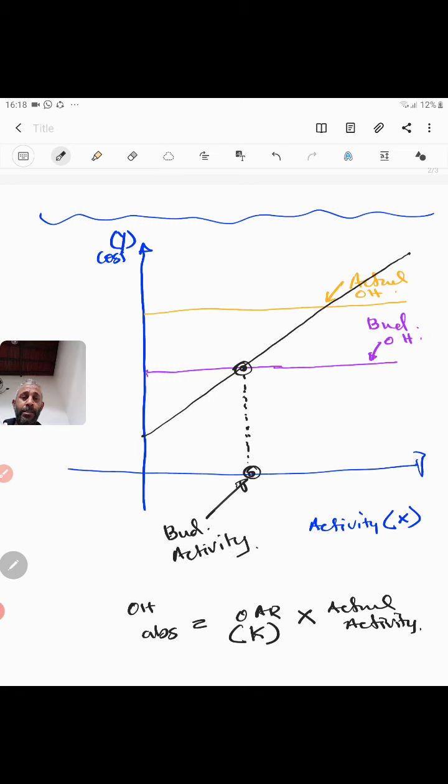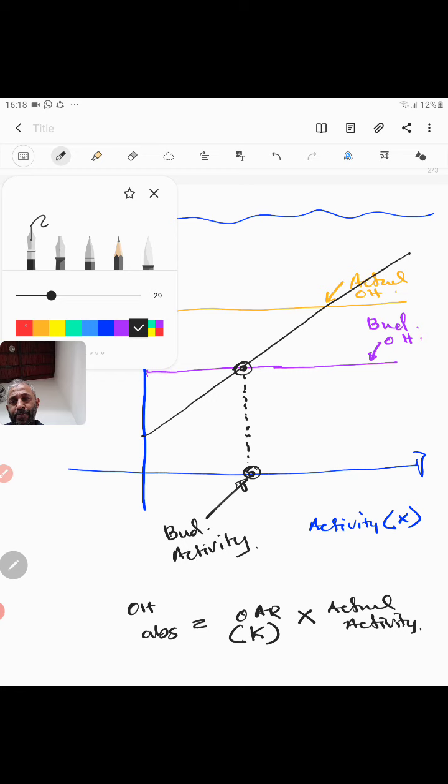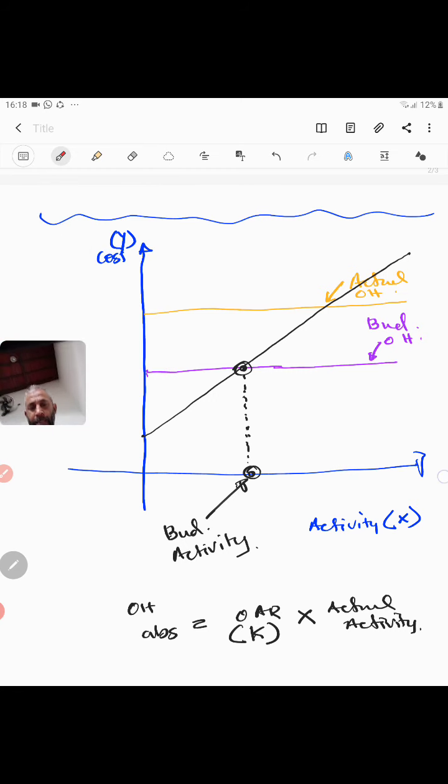Now let us draw a given actual activity in this way, and you can see this calculation here is the overhead absorbed, and at this point is our actual overhead.